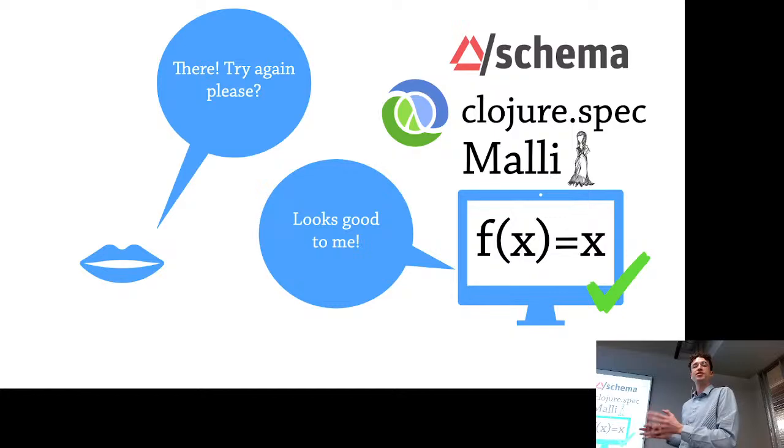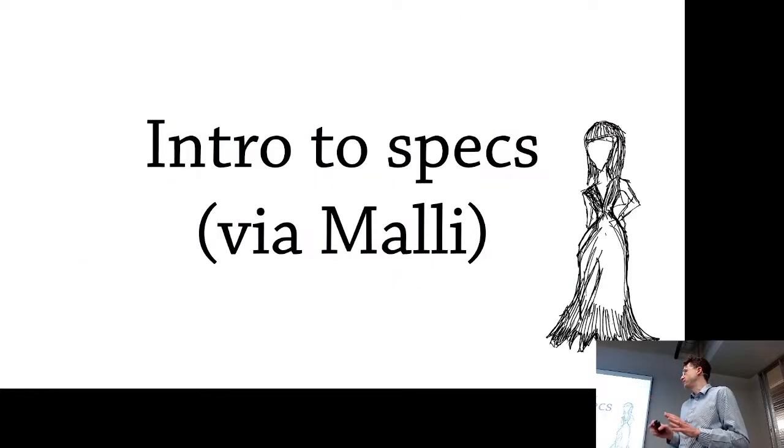They do pretty much the same thing. What we're going to do in this talk is talk about something we can layer on top of these libraries to level up our specs. But first, let's have a quick introduction to specs. And I'm going to use Malli because it has a cool logo and it's pretty terse, so it fits on slides.